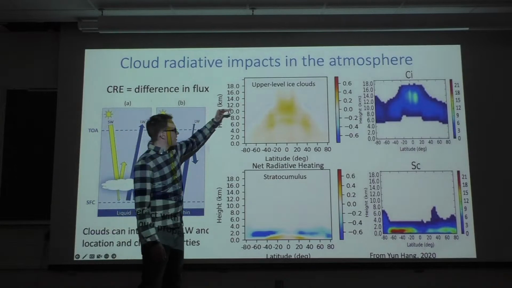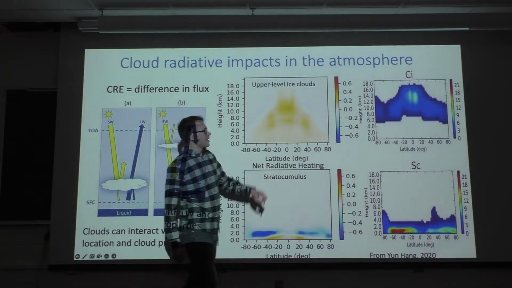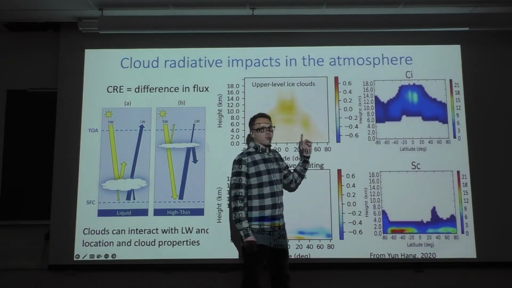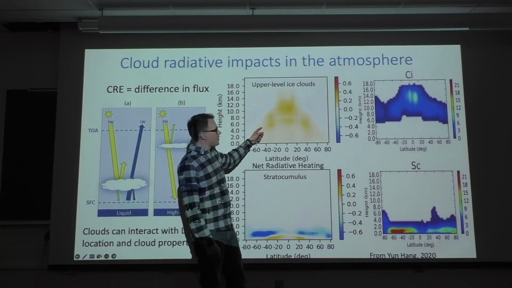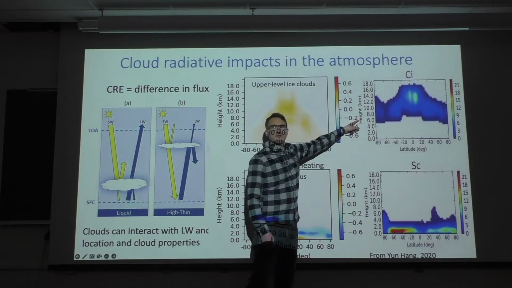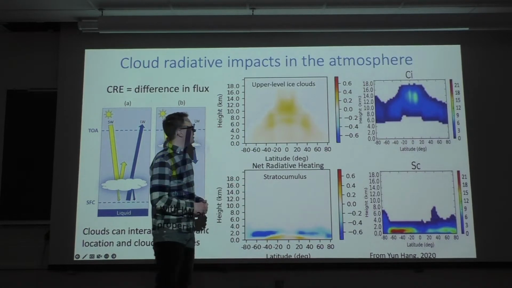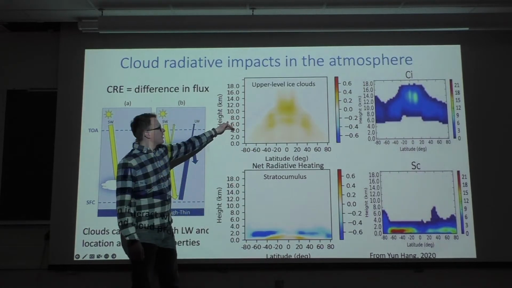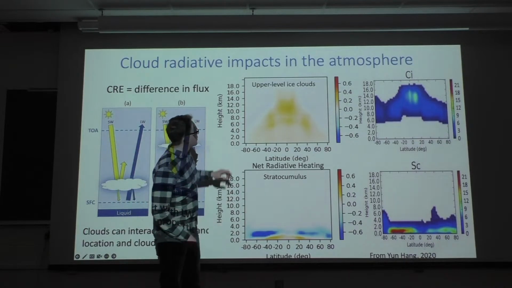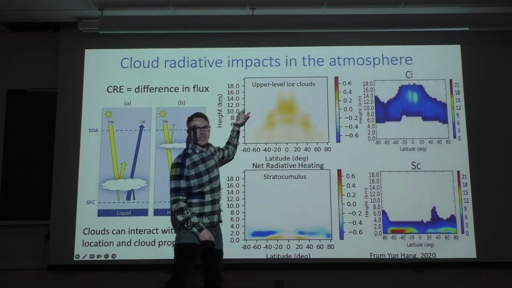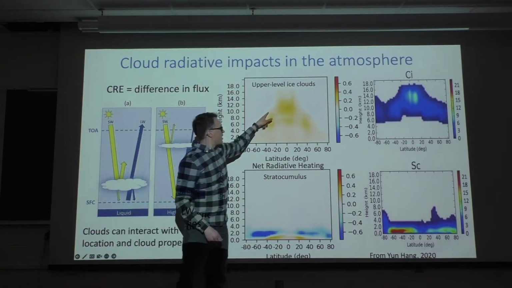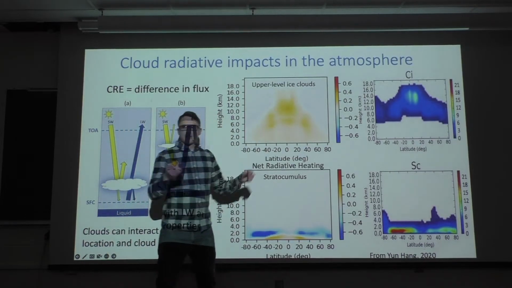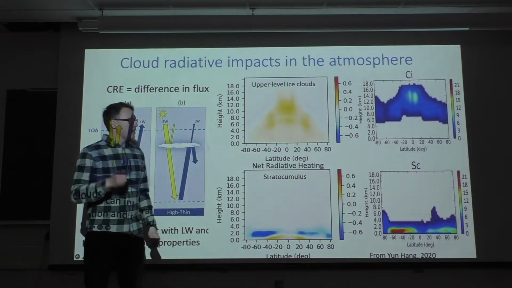If we think about the thin ice cloud signal here, these are zonal mean plots of cloud fraction and associated radiative cloud heating anomalies. Here's the cloud fraction for upper-level single-layer cirrus clouds and their corresponding heating anomaly. It may be hard to see, but there are some blues at the top showing longwave cooling above the cloud tops. There's heating here, which is the little bit of shortwave absorption we get at cloud top.